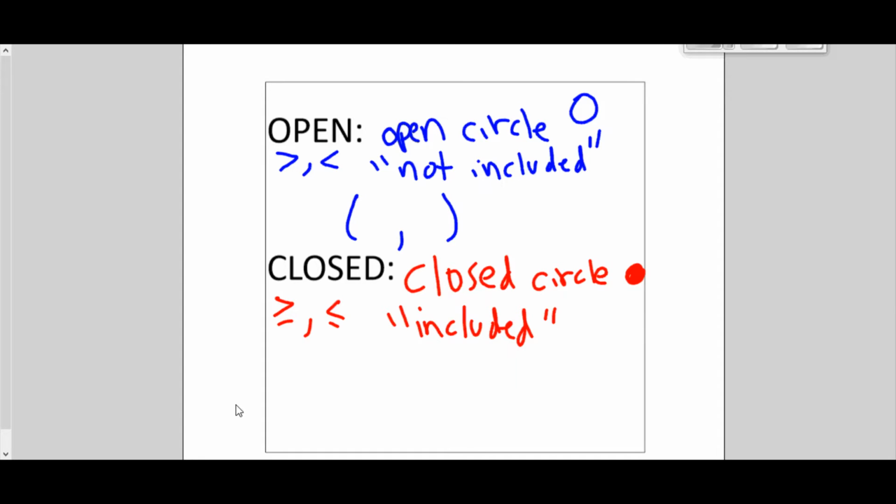This time, though, when a value is included, this is very important. When a value is included, we use the brackets. And I touched on this a little bit in the previous video, and now you see why. When we're including a value, you need to use brackets. So we will come across both of these situations today, where you'll see open circle and closed circle, and you'll need to remember that you use parentheses for open circle, bracket for closed circle. And you also need to remember these inequality signs. So pause the video if you need to and finish copying this down.